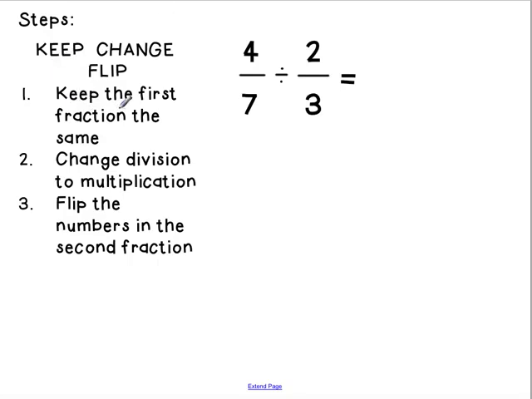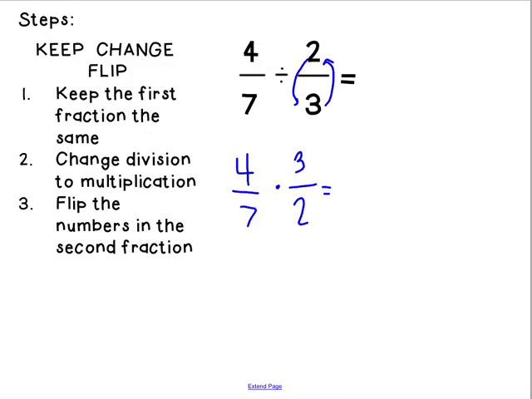So the first one, keep, we're keeping that first fraction the same, so I'm actually just going to rewrite 4 over 7. The second one is change the division to multiplication, so that sign is going to become multiplication. And then flip the numbers in the second fraction, so the 3 goes to the top and the 2 goes to the bottom. So this becomes 3 over 2.